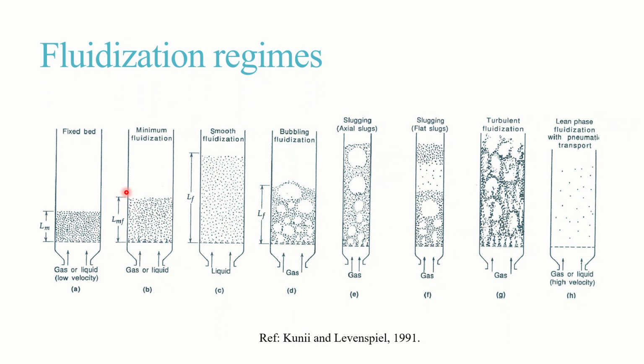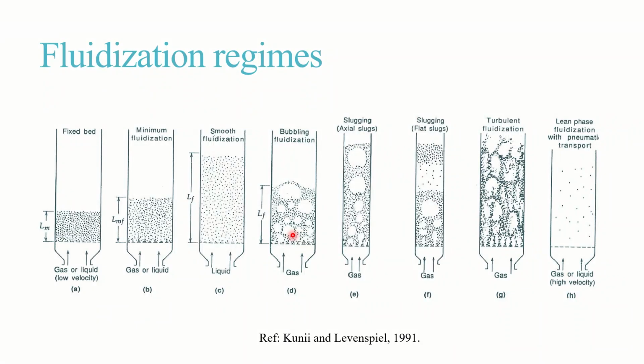Does the minimum fluidization velocity depend on the length and volume of the packing? It does not depend on that, but in turn it affects the length and volume of the packing.